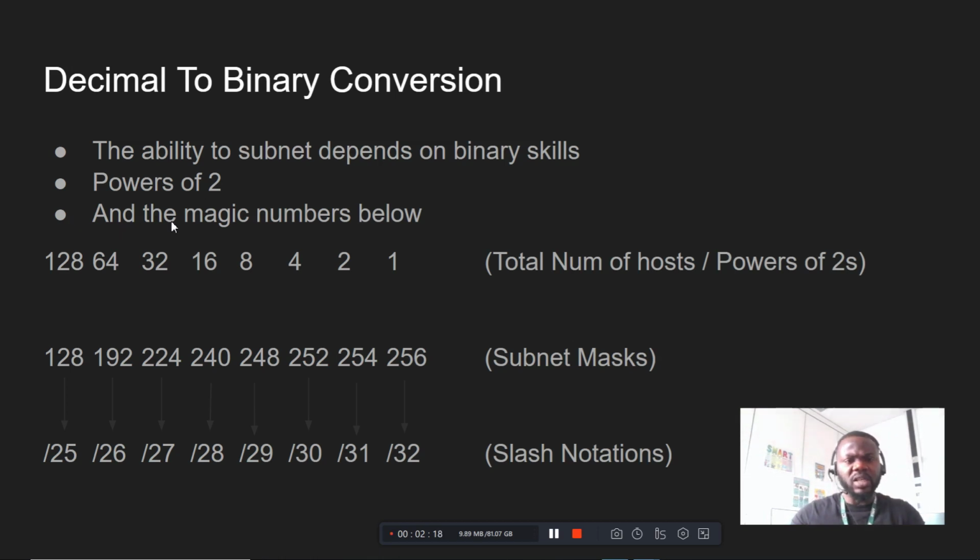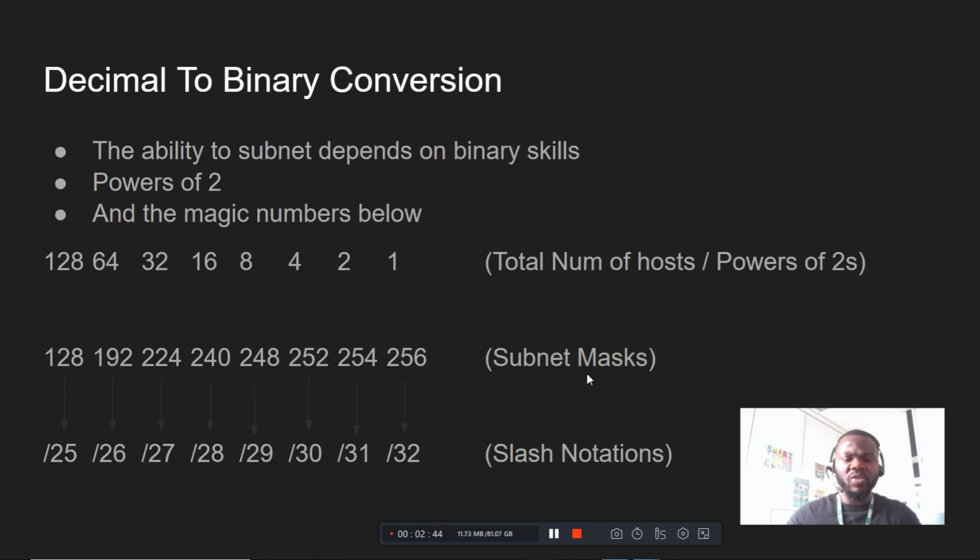And lastly, the magic numbers. All these numbers you see here, they are magic numbers. They will always remain the same in subnetting. So all you have to do is have a map in your brain that maps these numbers to one another. You can't do without these numbers in subnetting. These numbers here, 128, 192, up to 256, they are subnet masks.